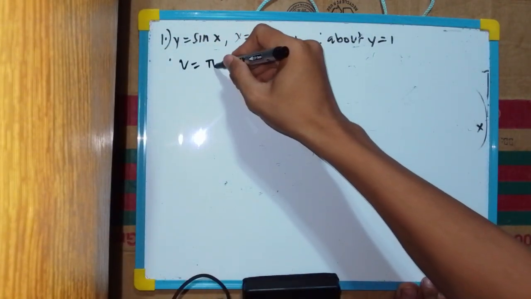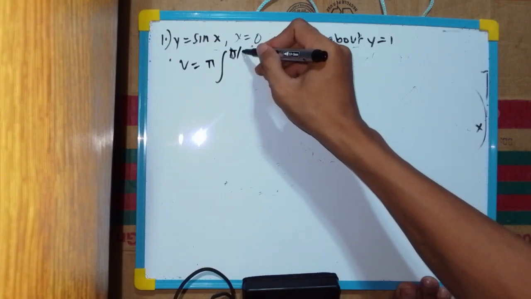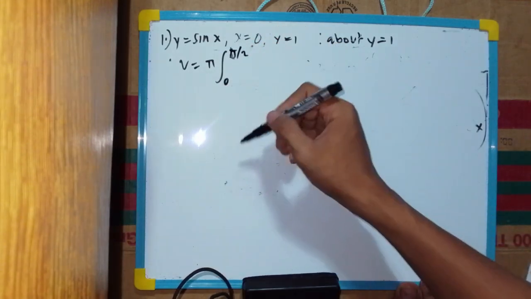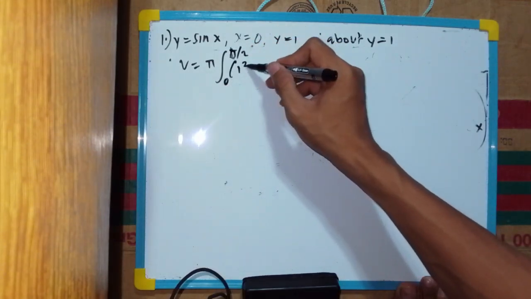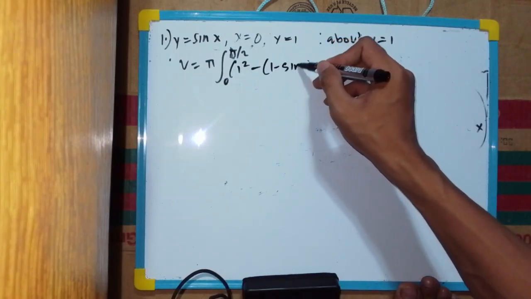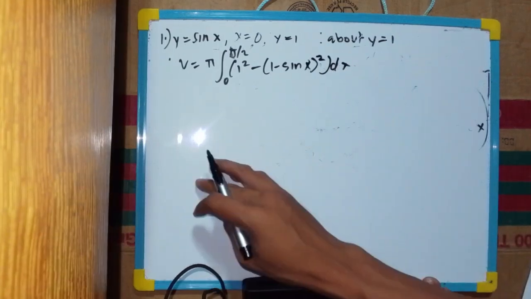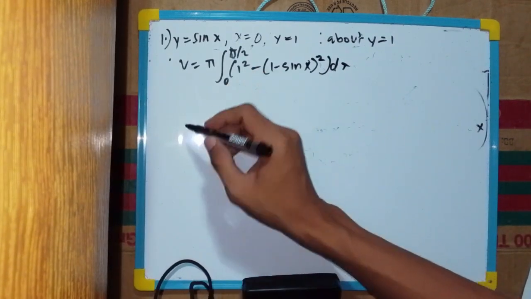So we have pi times the integral from 0 to pi over 2 of 1 squared minus (1 minus sine x) squared dx.